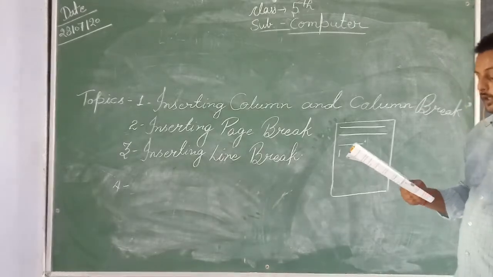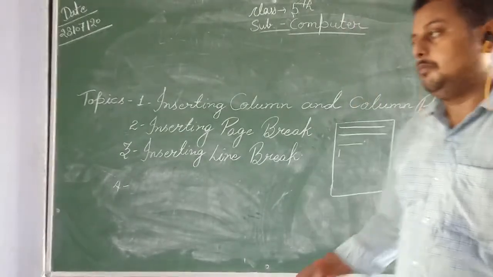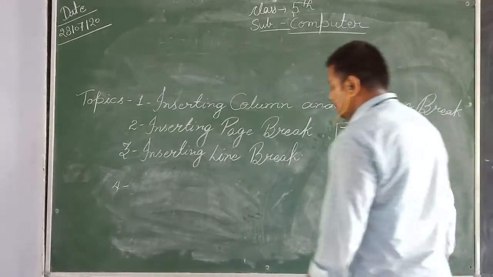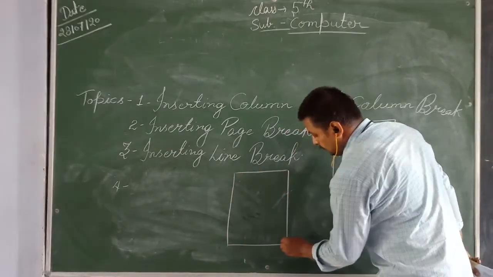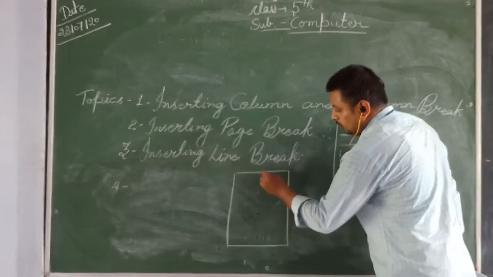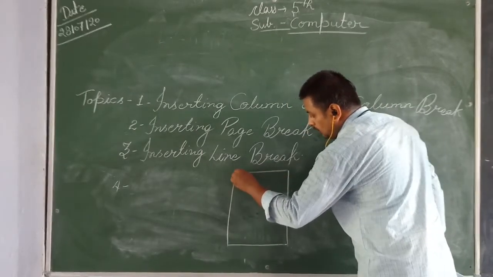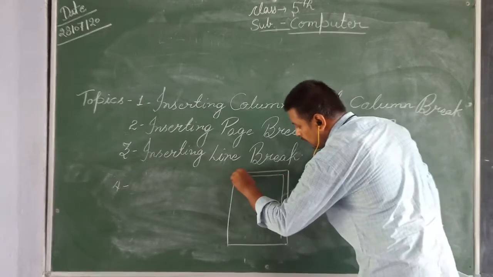Okay, now setting the margin of the document. What is a margin? First of all we have to know that margin means this is your page layout and the line, the line from which you have to start the text.